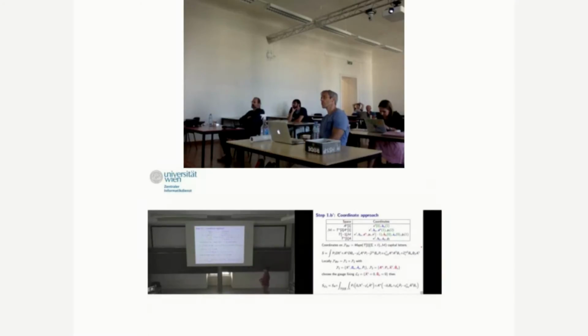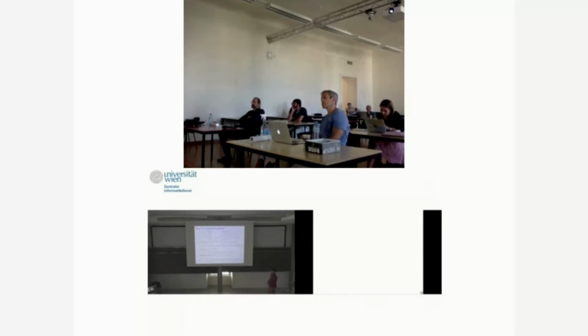So this is the first part, that is how the localization over A path appears.